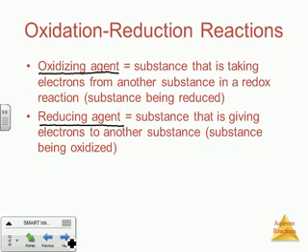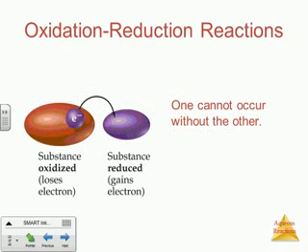So the oxidizing agent is the thing that's causing something else to be oxidized, and that means it is causing something else to lose electrons by taking them away. In this picture back here, the oxidizing agent is this one, the one that's taking the electron from the other one.